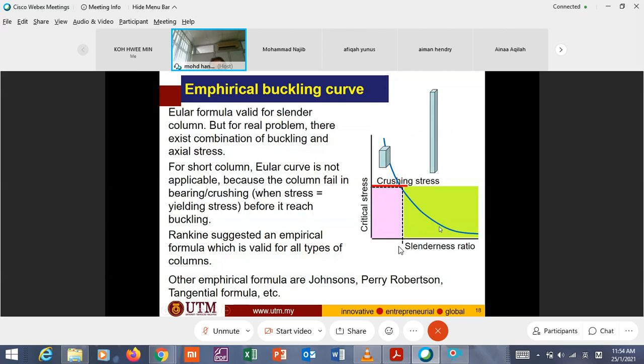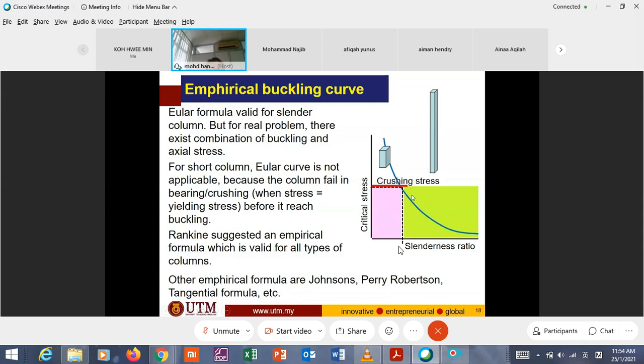Okay. Now, there are many researchers, 100 years ago, who did many experiments in the lab, full scale and small scale, to find a formula that can be used for both types of column.